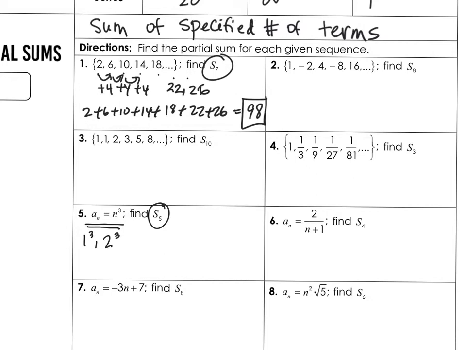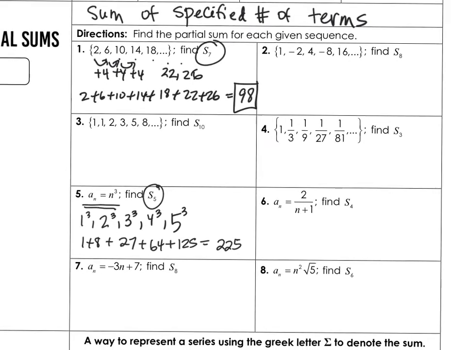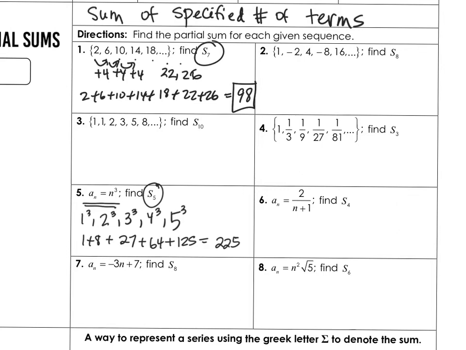Then we plug in 2, 3, 4, and 5, and add all of those together: 1 plus 8 plus 27 plus 64 plus 125 is 225. All of these are basically the same: you plug in the numbers for the number of terms you need and add them together.